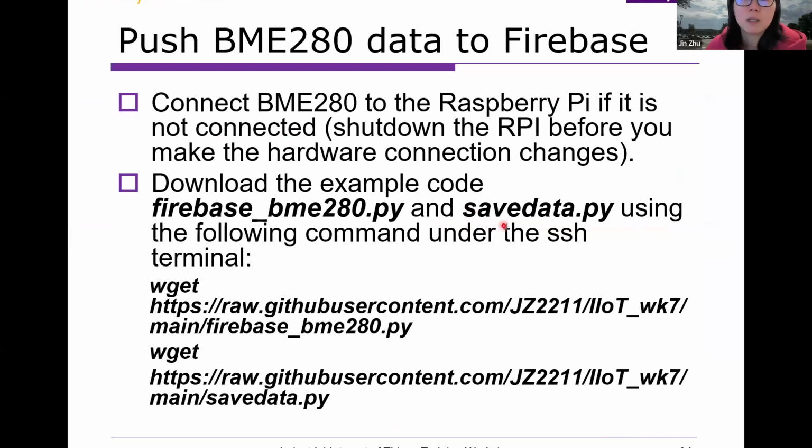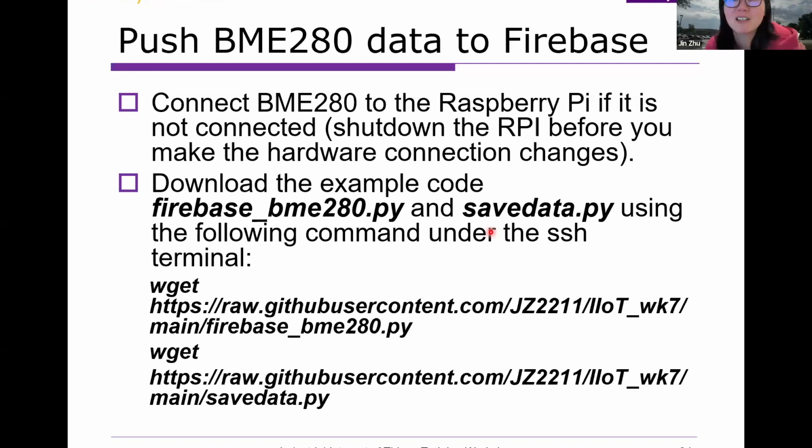Save data is the same file that we used previously. In other words, we'll not only push the data into the Firebase real-time database, okay? Not only to the cloud, but we also save a copy in a local file in the Raspberry Pi, okay, in the Raspberry Pi.